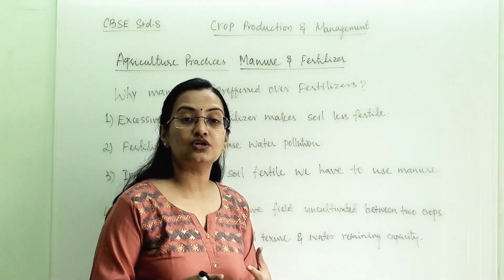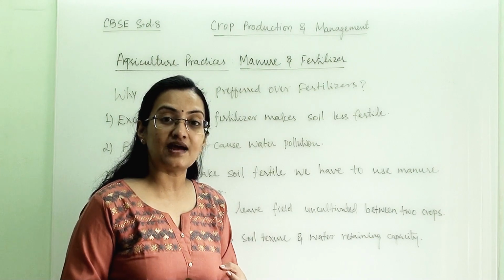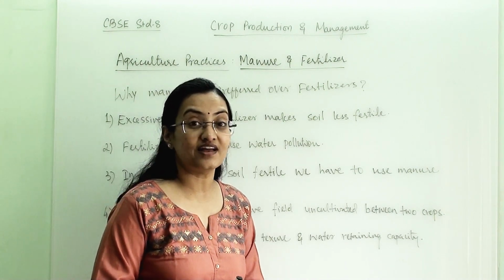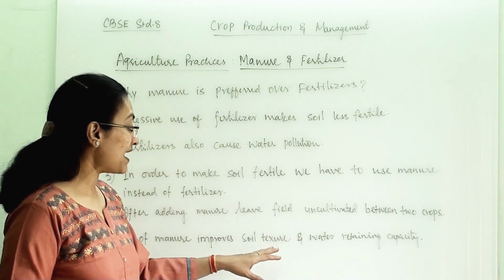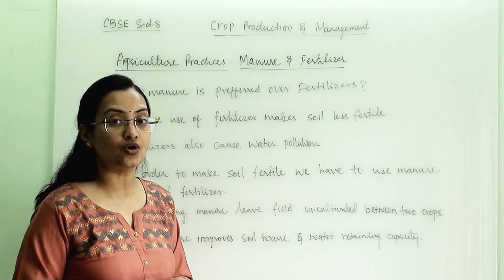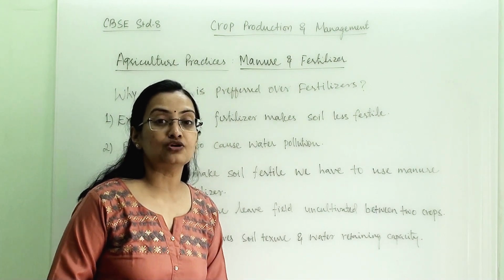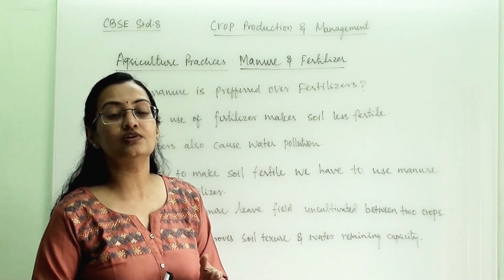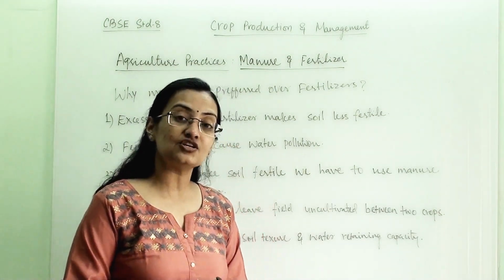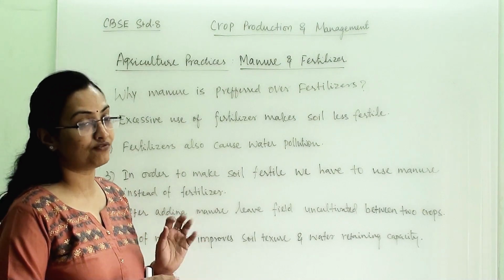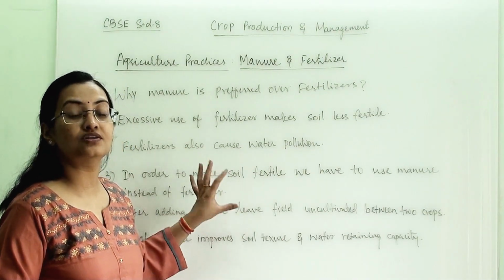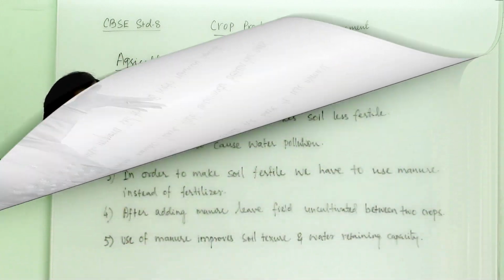This decomposed organic matter will give all the nutrients back to the soil, and it also gives back its soil texture and water retaining capacity. By adding manure, the water retaining capacity of the soil will improve, and this is beneficial for the next crop. So this is the answer for why manure is better than fertilizer.